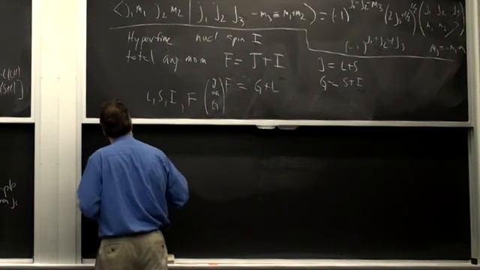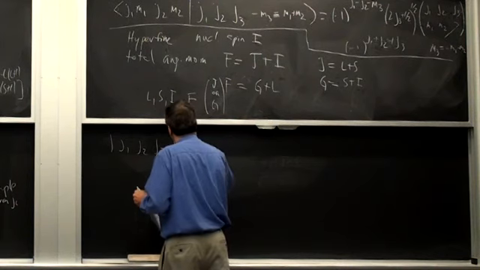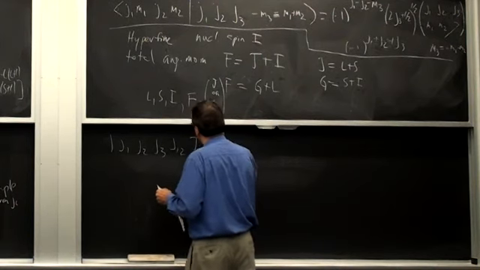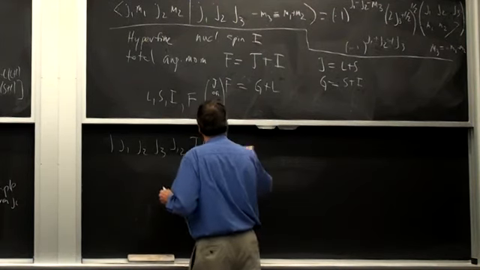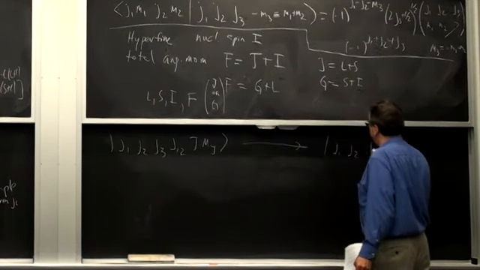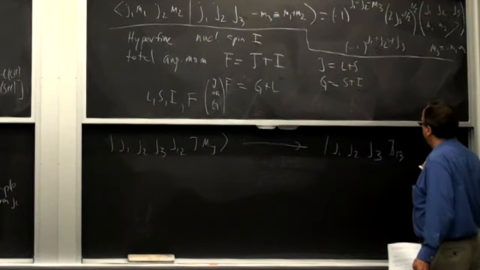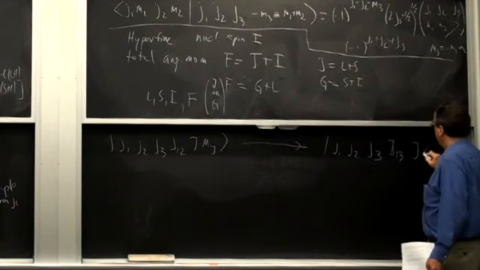So suppose we have J1, J2, J3, J12, J, MJ. And you want to go to J1, J2, J3, J13, J, MJ.